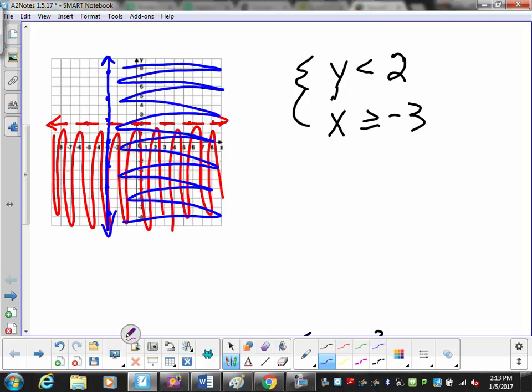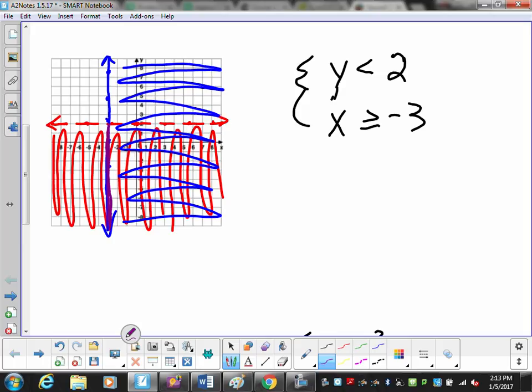Now, what is the solution in this system of inequalities? It would be the bottom right box. The difference, though, is on this one, it does include this line, but it does not include that line. It includes one of the lines, but not the other.